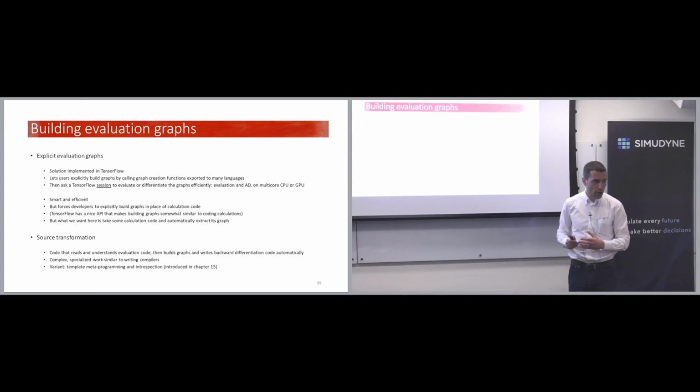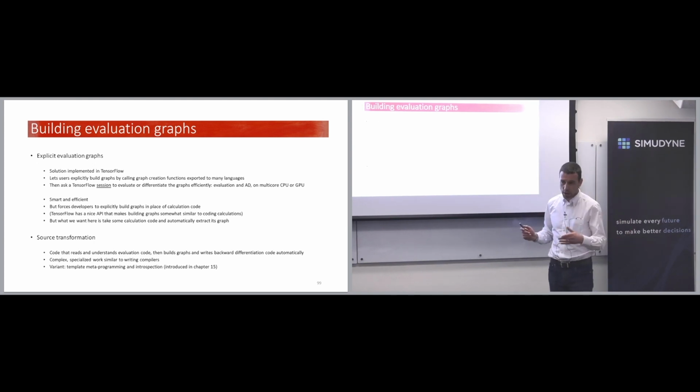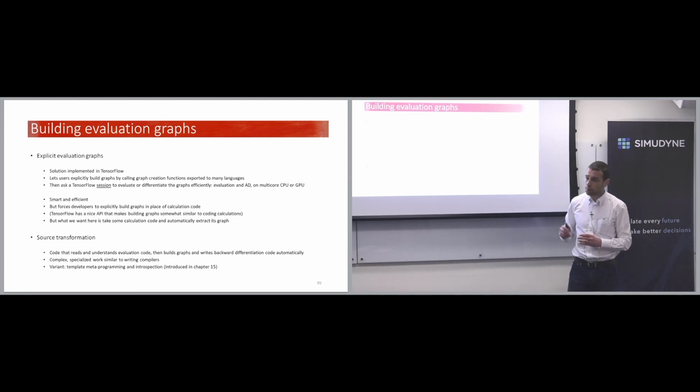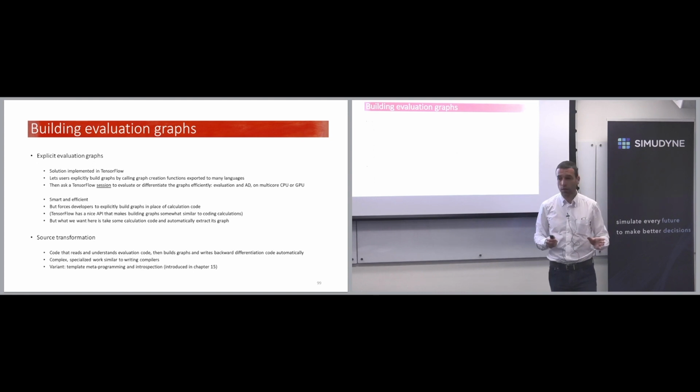So you have instructions in Python, for instance, that will put nodes on the evaluation graph in TensorFlow's memory. When you're finished setting up your evaluation graph in TensorFlow's memory, you can tell TensorFlow, okay, now run the evaluation graph, give me the result, and then run it backwards to give me all the derivatives, right?